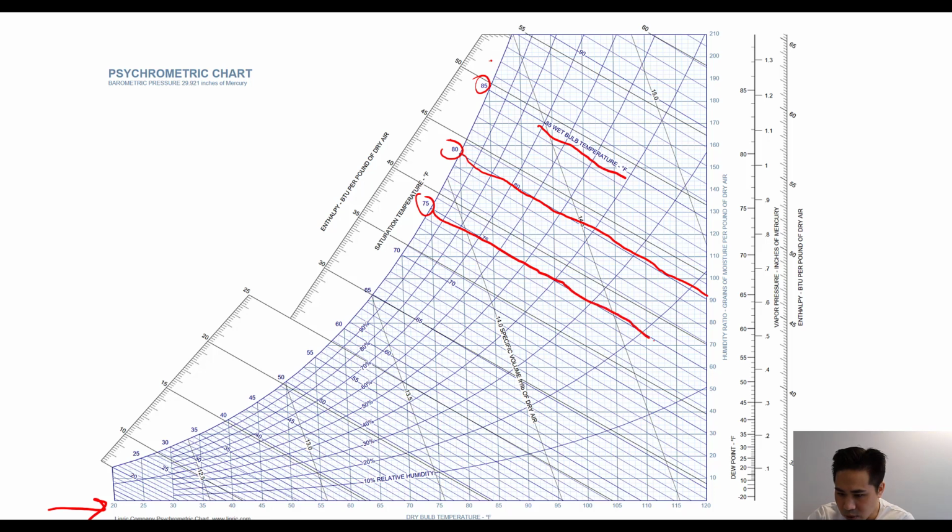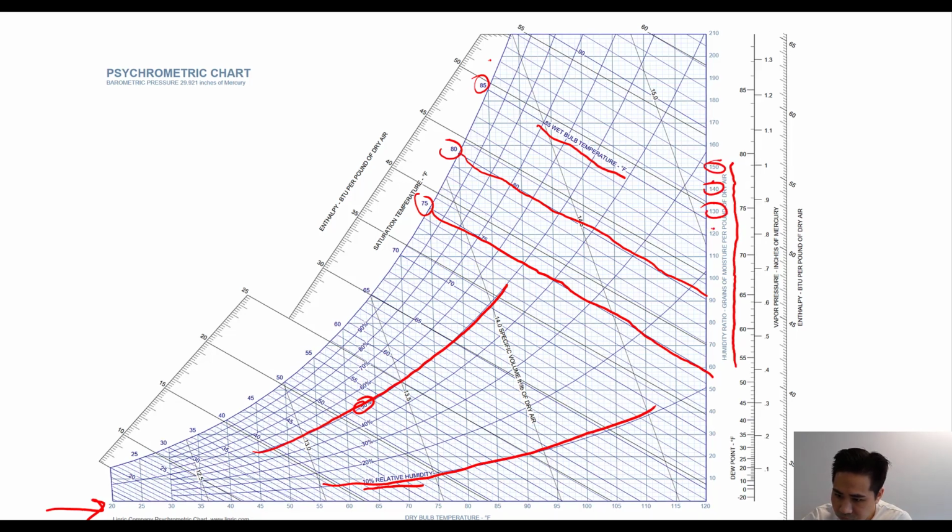And this is the relative humidity, which follows these lines here. Okay, and the 50% relative humidity is this line here. If you look on this side, the humidity ratio is in grains of moisture per pound of dry air, and those are represented by these numbers here.